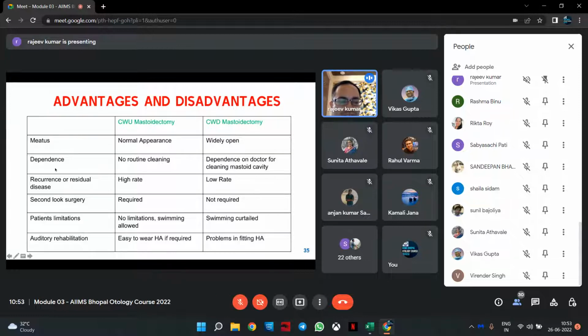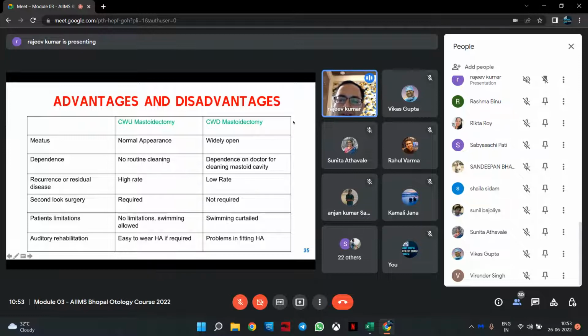The second thing is dependence. Because we have not removed the canal wall in canal wall up, there is no routine cleaning and there is no cavity. But in canal wall down mastoidectomy, there is a cavity. In that cavity, there will be accumulation of wax and debris over a period of time.